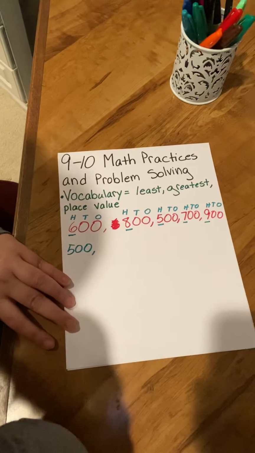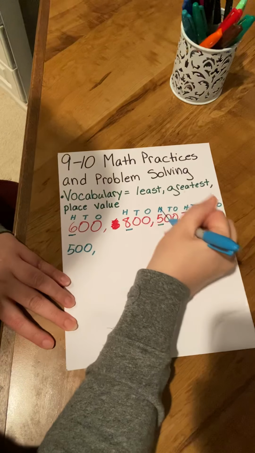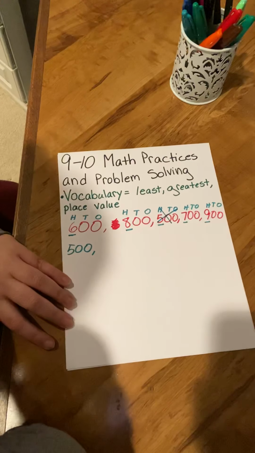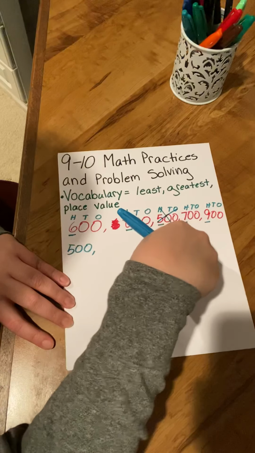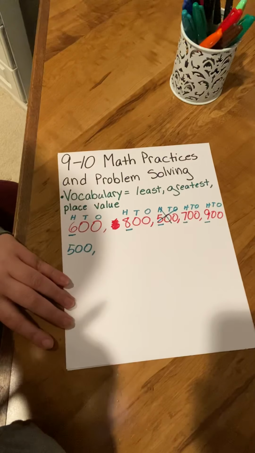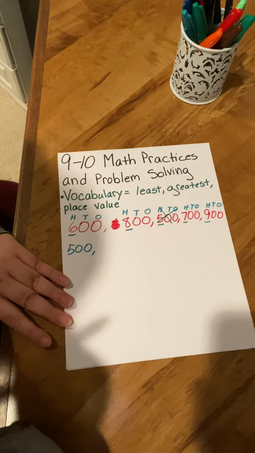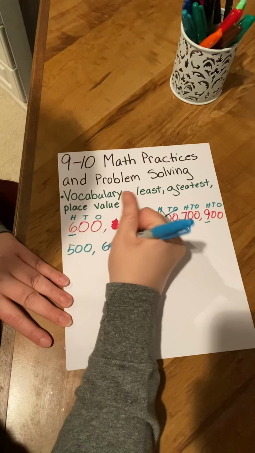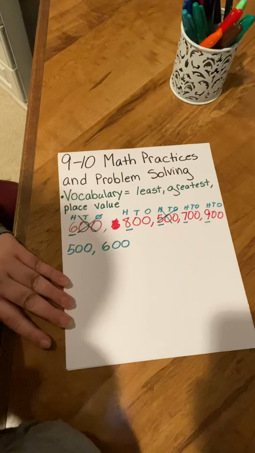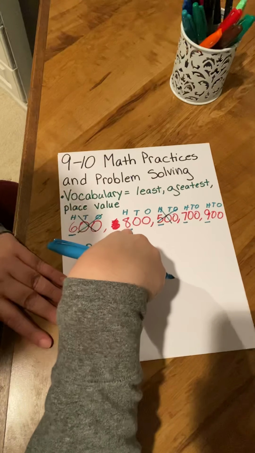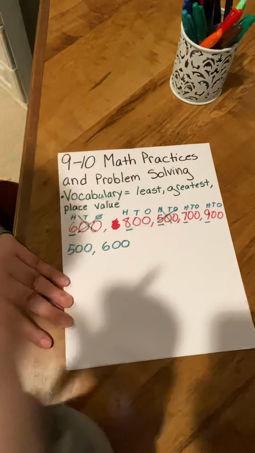So I'm going to list 500 as my first number. So I'm done with this one. I'm going to get it out of the way. So now I have 6, 8, 7, 9. What do you think is going to come next? 600. I'm done with that. Now I have 8, 7, and 9.